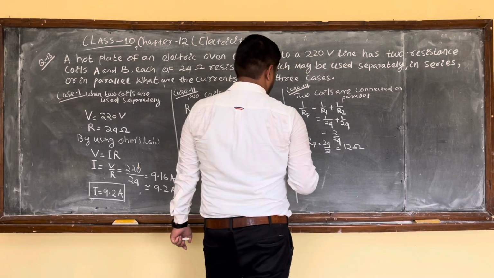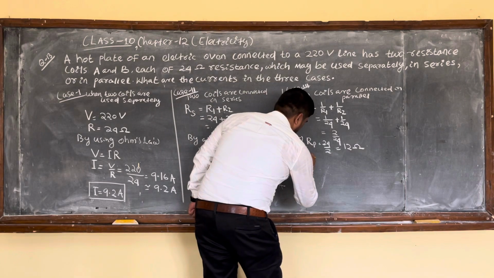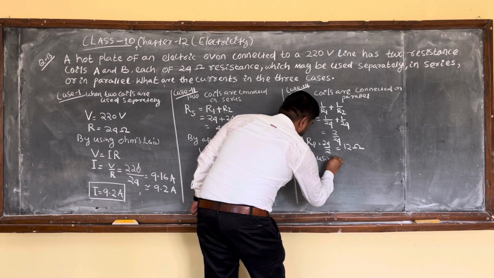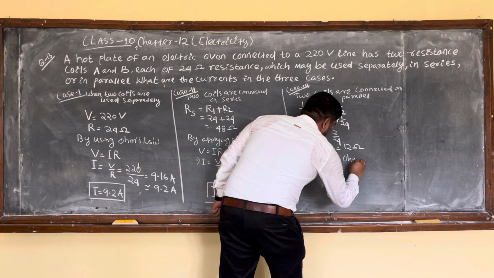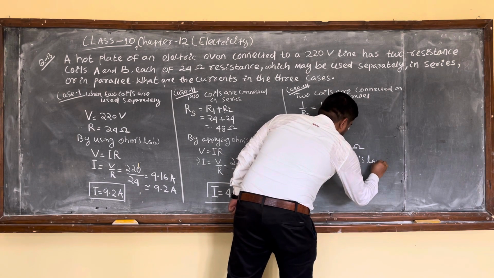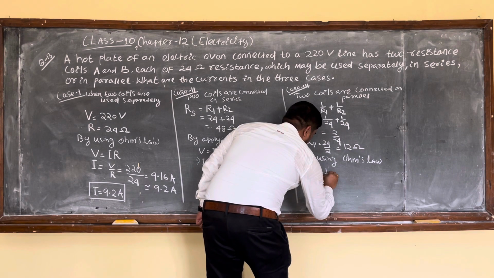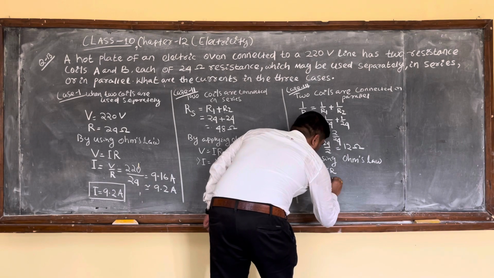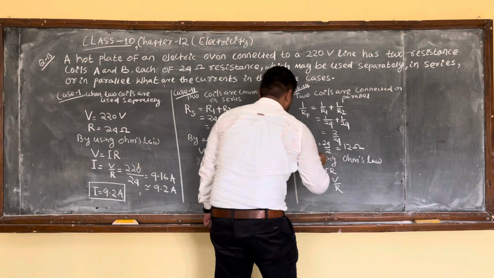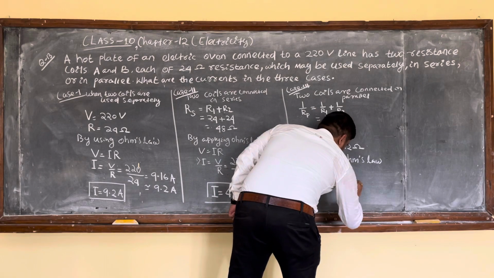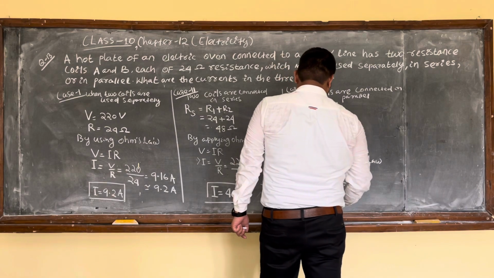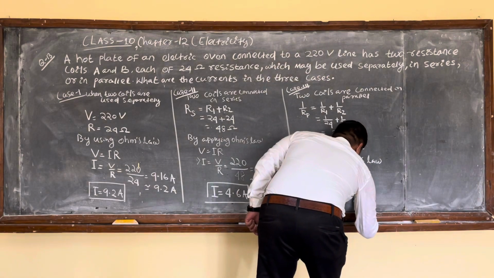And you have to find out the current in this case. So to find the current you have to use Ohm's law. V equals IR. Again you have to find the value of current, so I will be V divided by R. Here the potential is given 220, and you find the net resistance in parallel connection is 12.